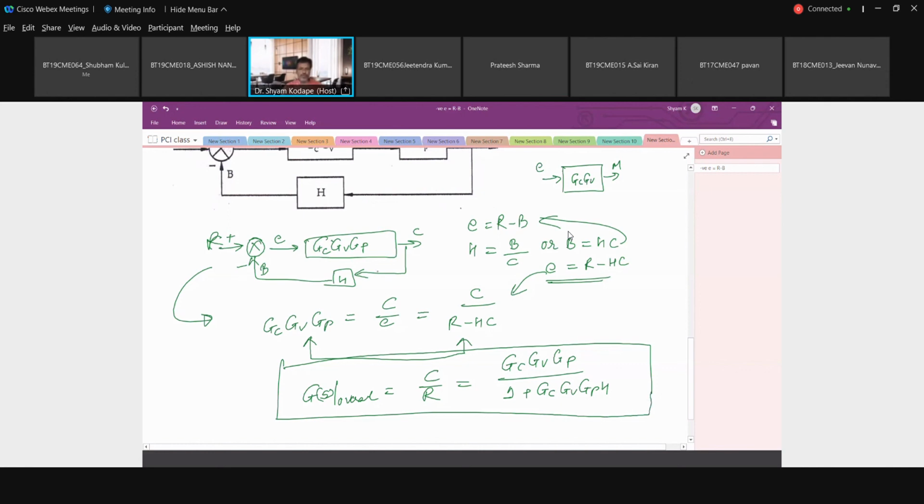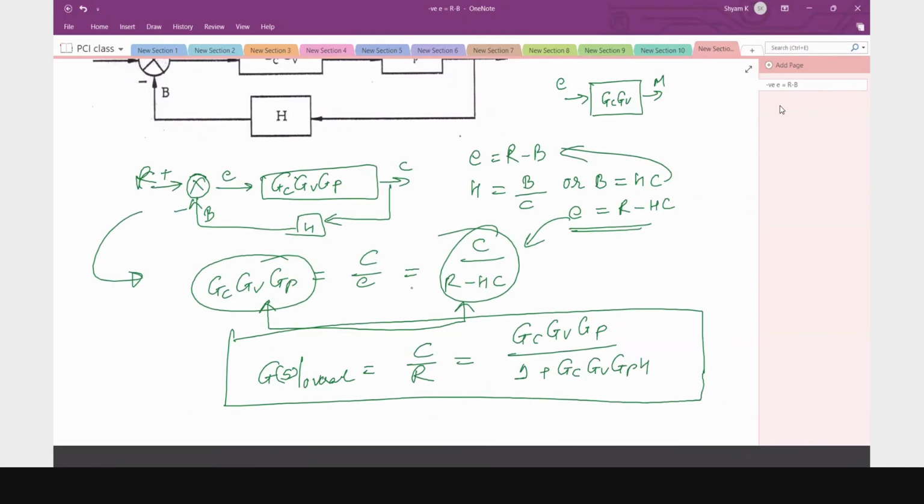Just use these two variables, left hand side and right hand side terms. Our aim is to identify C by R. So it will come in this fashion. Try it, is it coming or not? Separate the variables and bring it into the form of C by R.